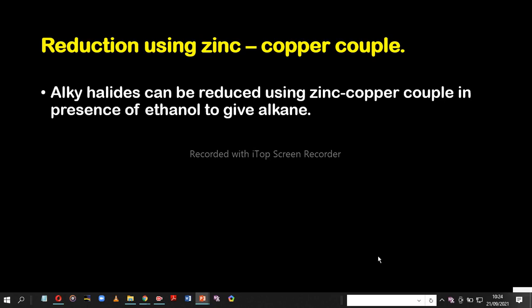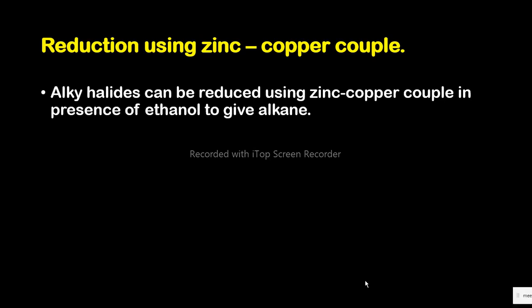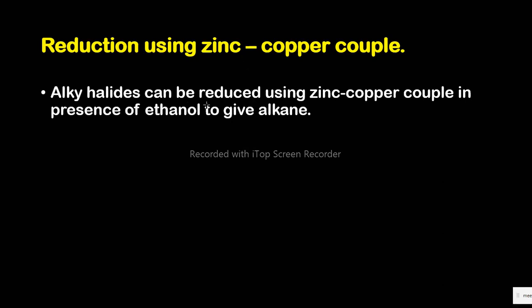Still on preparation of alkanes, we can prepare our alkanes from alkyl halides, right? Like I told you, alkyl halides have an alkyl group, which is usually represented as R, and then a halogen.